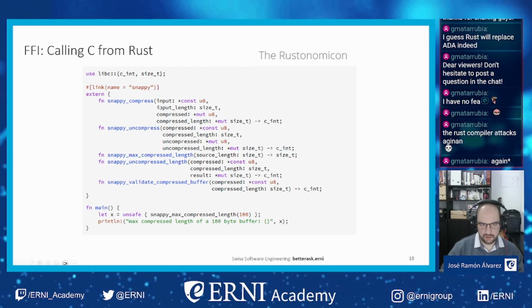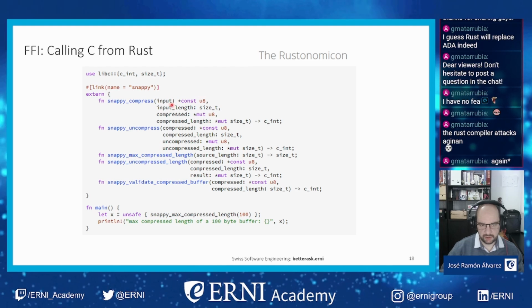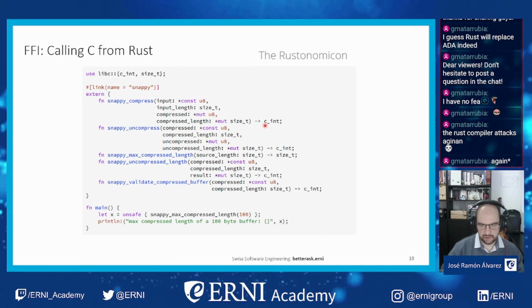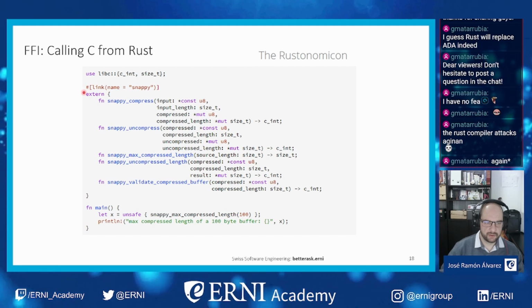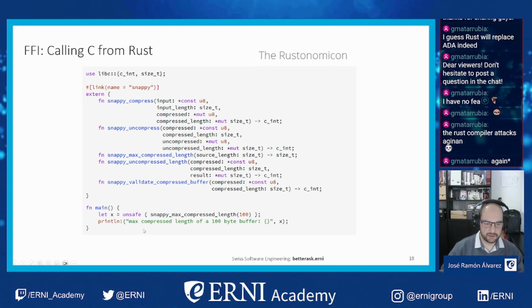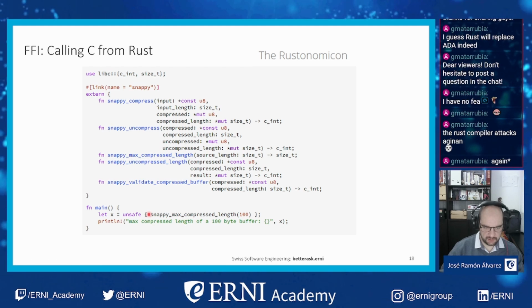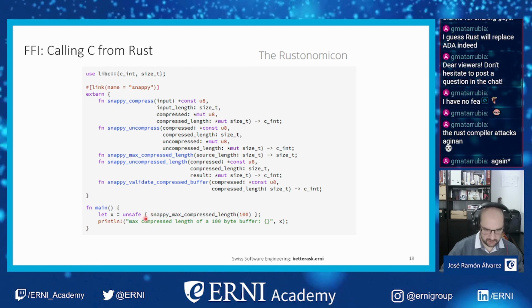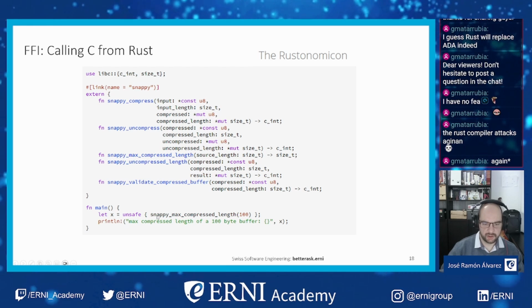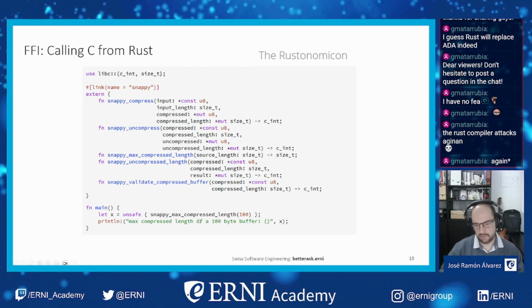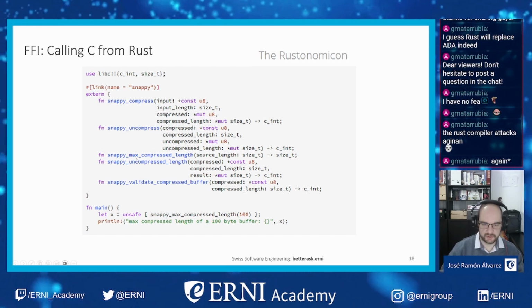We have the name of the function, the parameter it takes, and the return value, and we only have to provide the linker the name of the library. So when we call the C function inside the unsafe block, the linker will redirect the call to the C library.